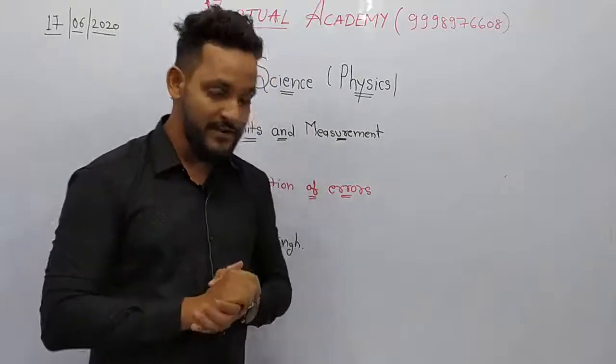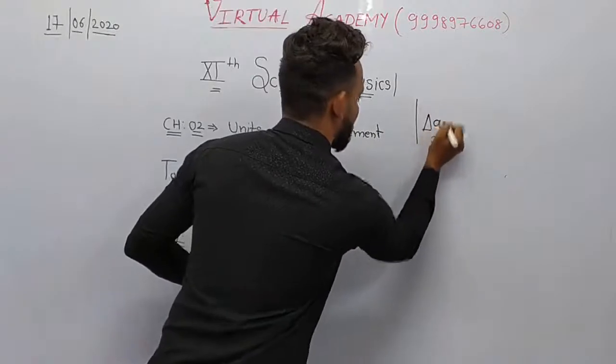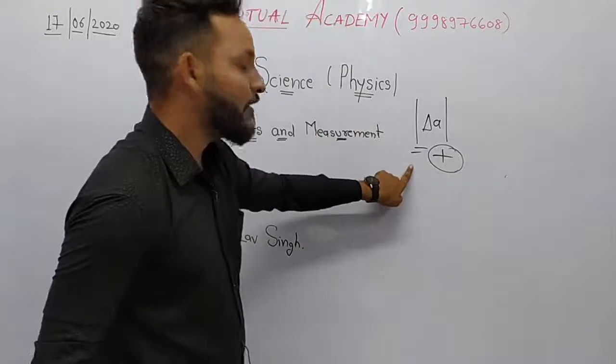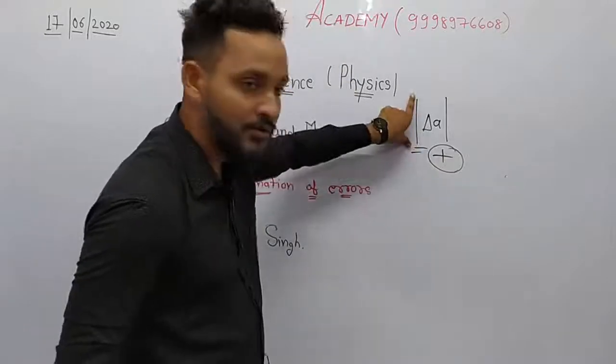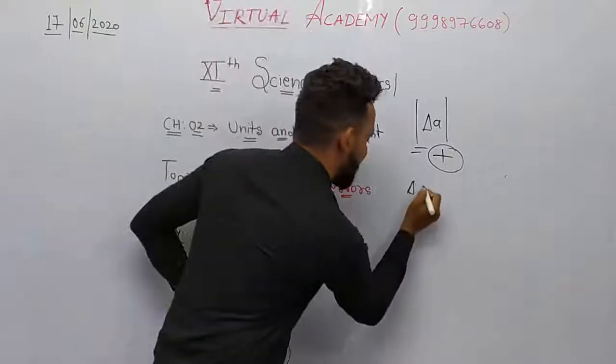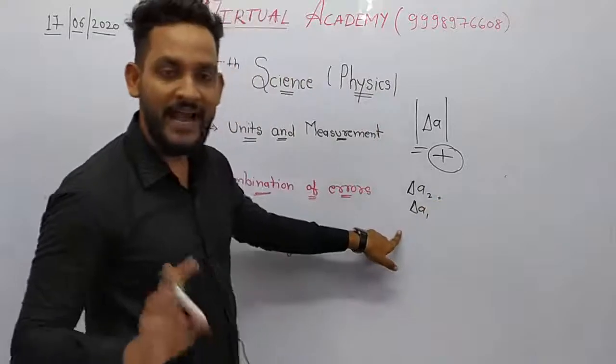Yesterday I told you that absolute error is always positive because it is in modulus. But when we are dealing with values just like that, it may be positive and it may be negative.